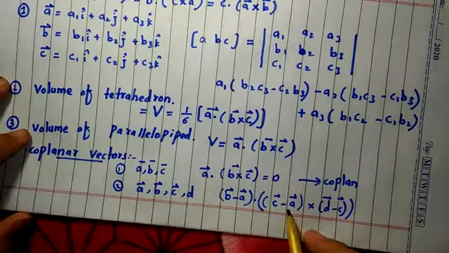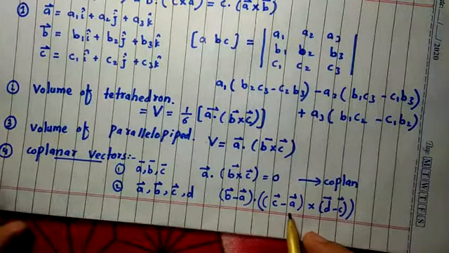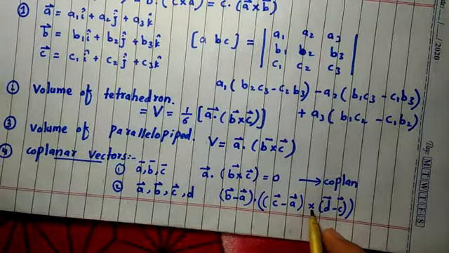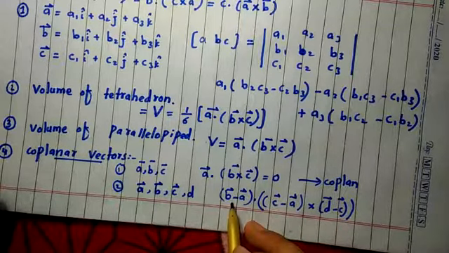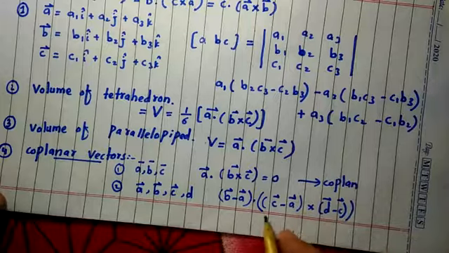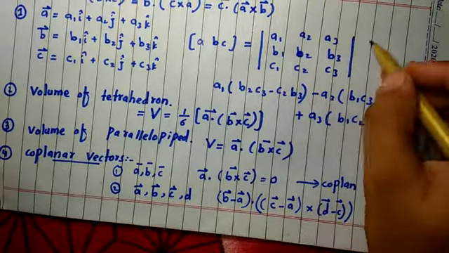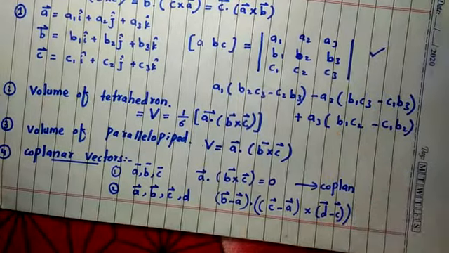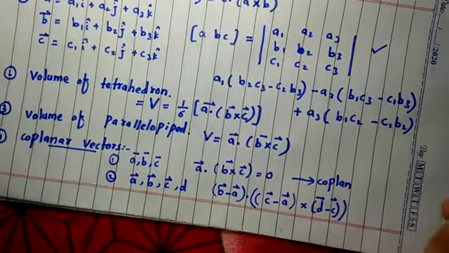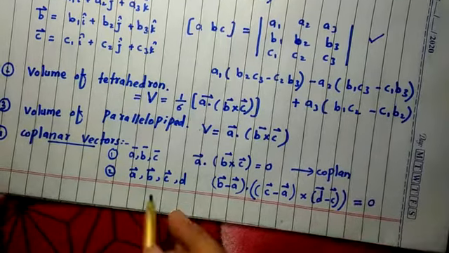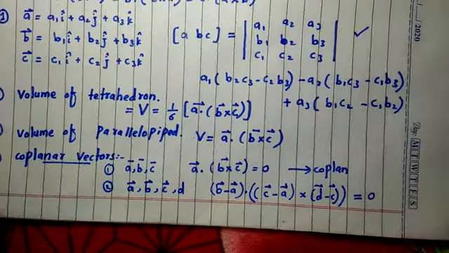If there is no bracket, then definitely we have to solve the cross product and then solve this scalar product. Or if we are not going to use this notation, simply we can use this notation for three vectors combined. If this product is equal to 0, then these four vectors are coplanar.